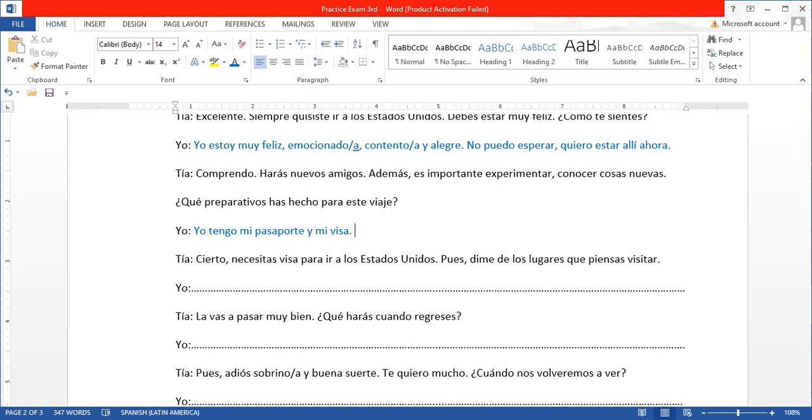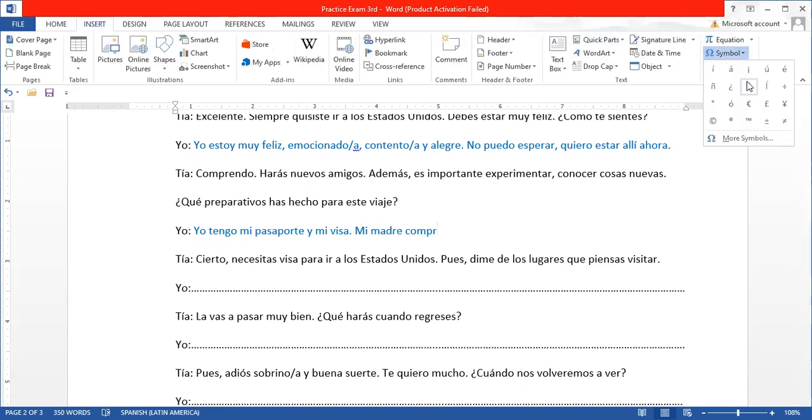Maybe you bought your ticket online or somebody bought it for you. So yo tengo mi pasaporte, mi visa, and maybe you want to say that your mother or your father bought the ticket for you. Mi madre compró mi pasaje o boleto en línea. Okay? Mi madre compró mi pasaje o mi boleto en línea.